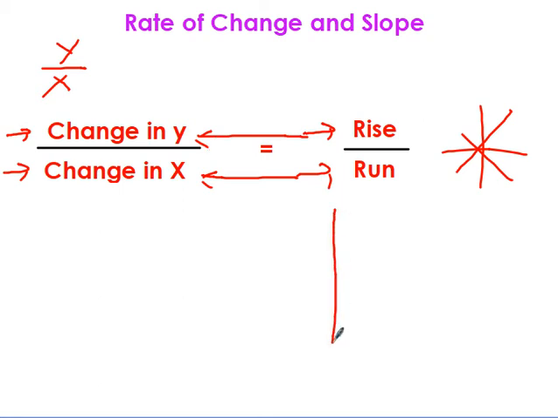So if I have a straight line here, what we want to find out is the slope of this line. When we say change in y, here are all my y values going up and down. If I'm looking at this point to this point, my change in y is the rise, how much I change going up and down. And then my run would be the change in x.